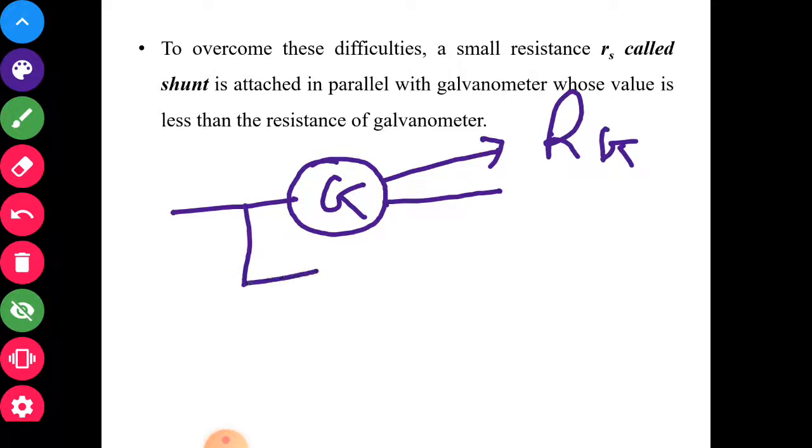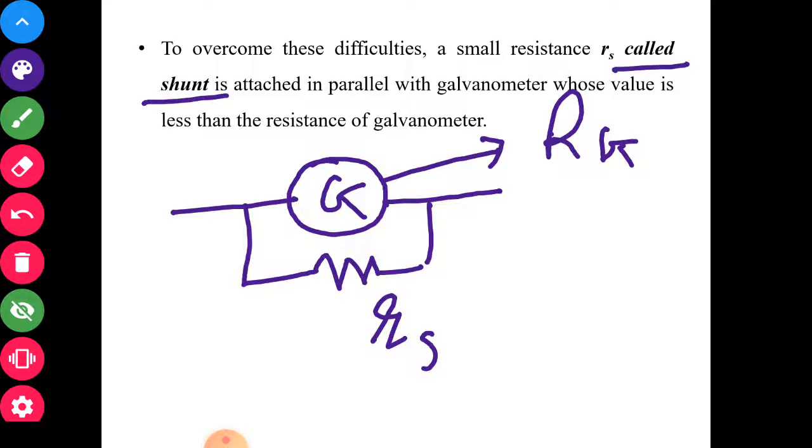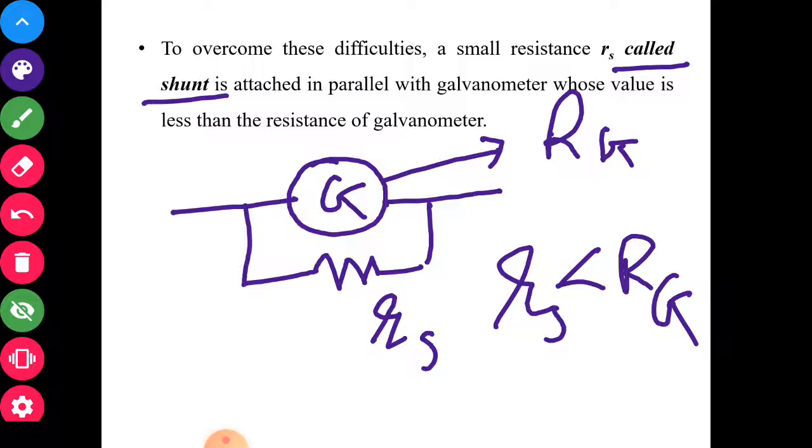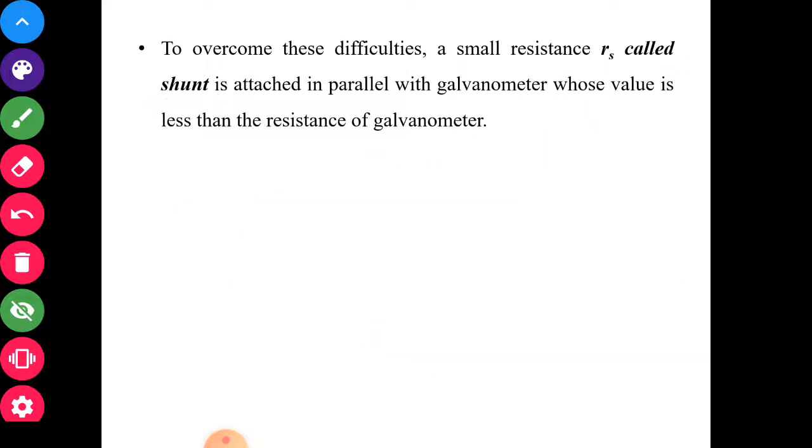A small resistance of value Rs must be connected in parallel with the galvanometer, which is called the shunt, and the value of Rs is smaller than Rg. So the modification is that you have to connect a small resistance Rs, known as the shunt, in parallel with the galvanometer, whose value is less than Rg.